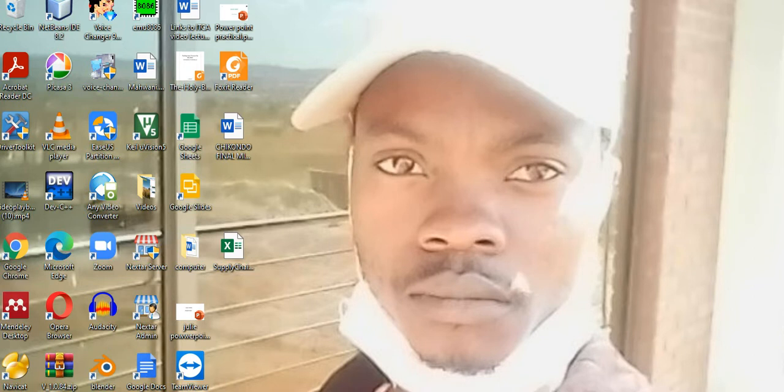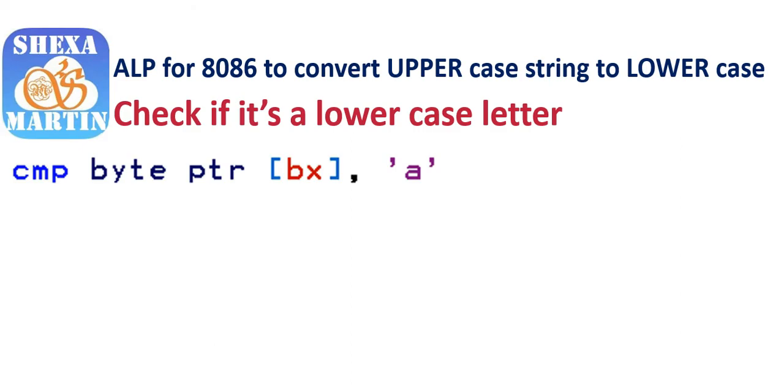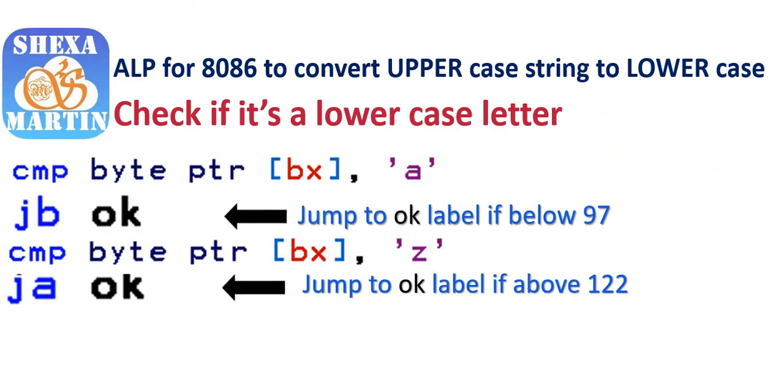We are jumping if above because our lowercase values range from a to z, so they range from 97 to 122. So if the character that we have is within this range, that's what we have done here.